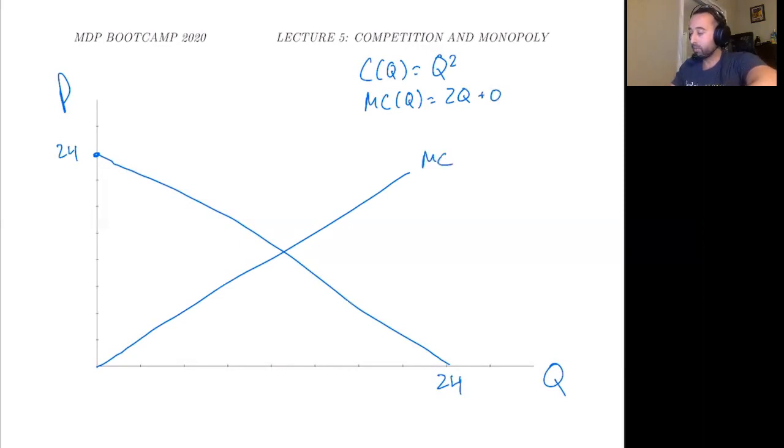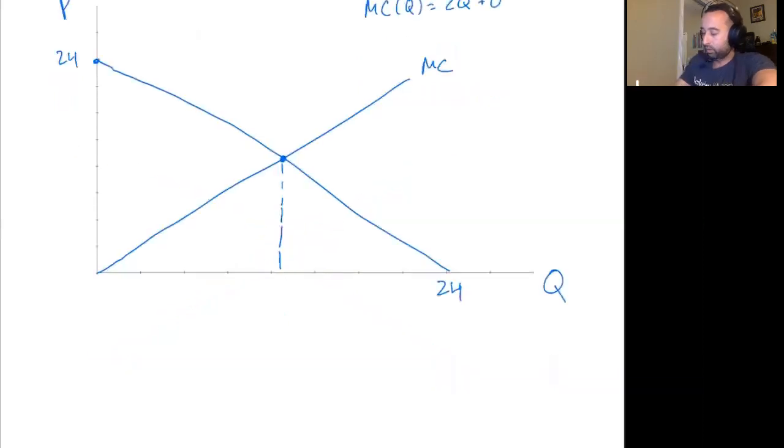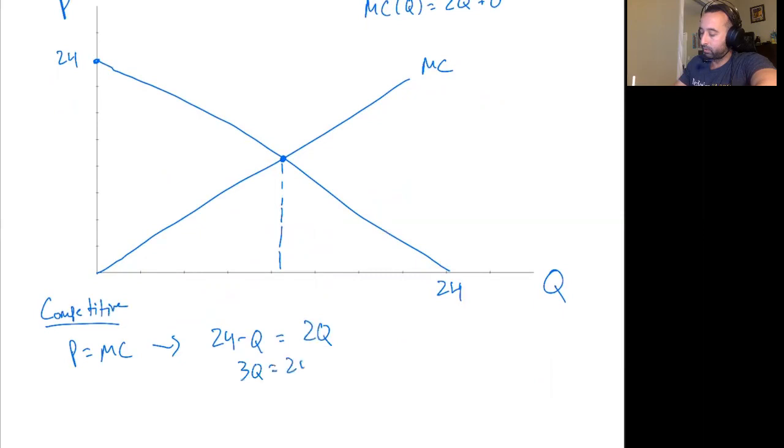Here's our competitive equilibrium, and we can solve for that numerically by setting our price function equal to our marginal cost. For the competitive case, P equals MC, which implies 24 minus Q is equal to 2Q, so we get 3Q equals 24.